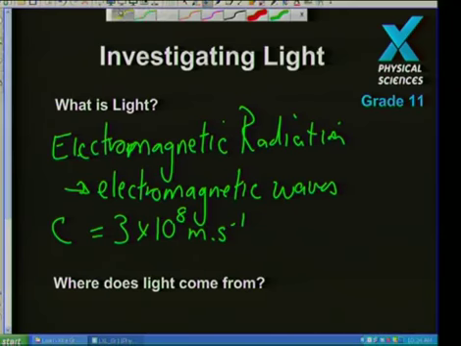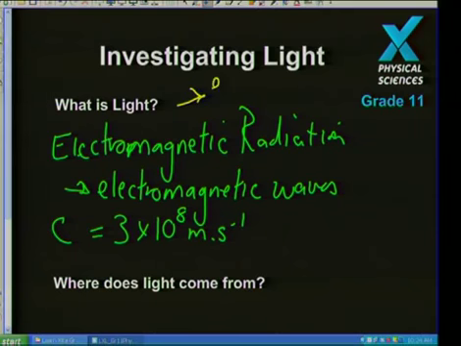So in its purest form, we can think of light as energy. And what it's doing, it's using this electromagnetic radiation or electromagnetic wave to transport packets of energy. Energy from the sun comes to us because of electromagnetic radiation. Energy comes through space because electromagnetic waves don't need a medium to pass through.